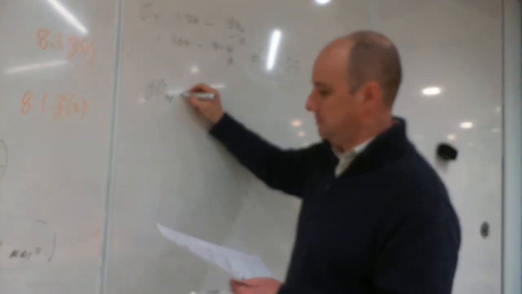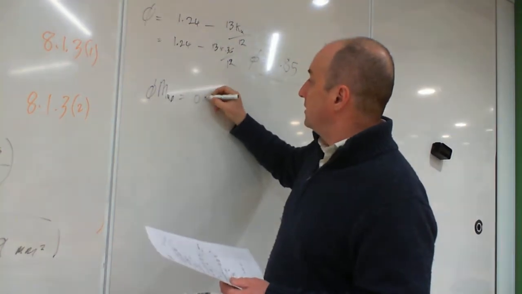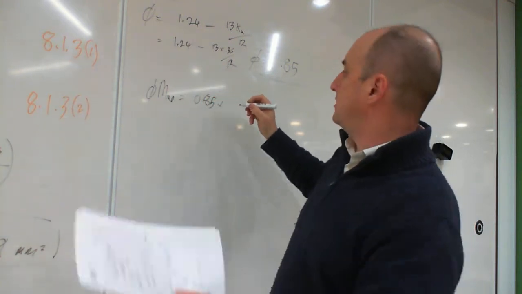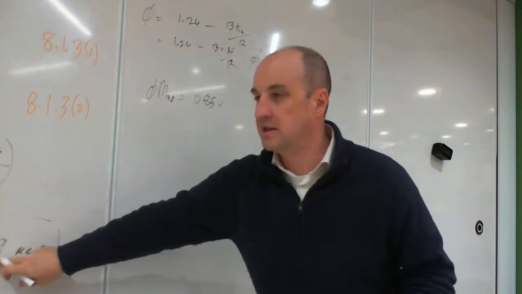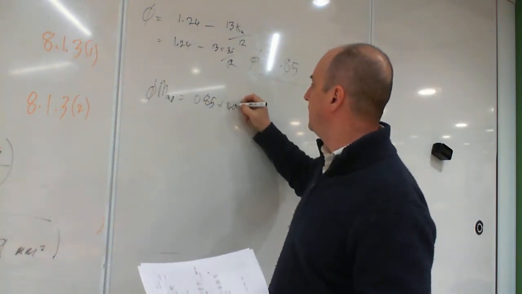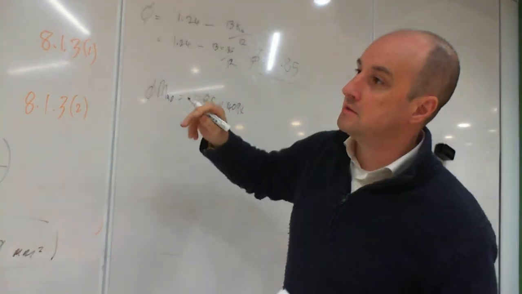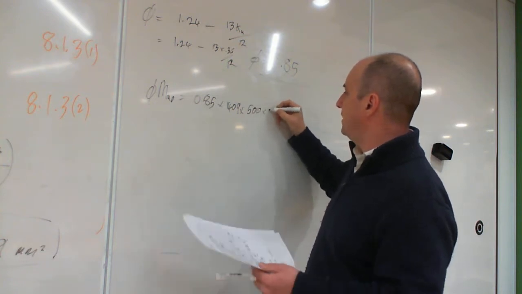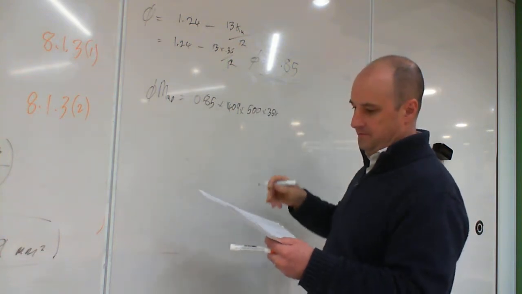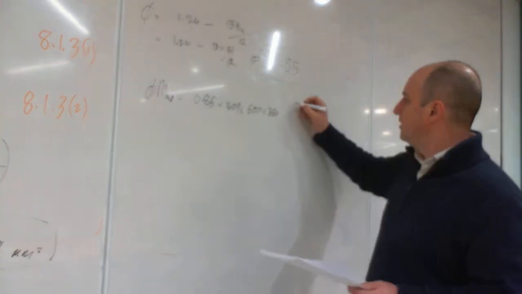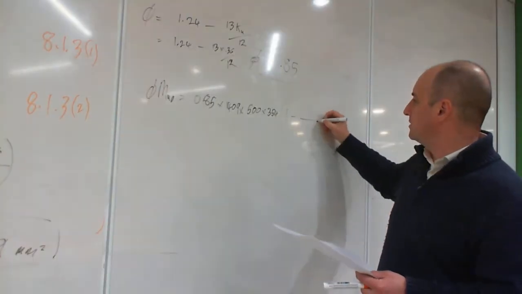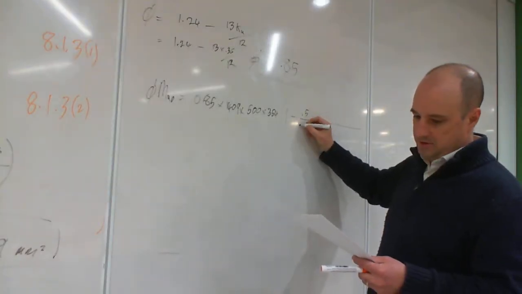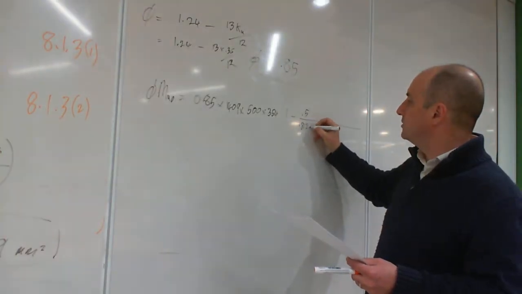So that equals 0.85 times AST, which is 1,409, times fsy, 500, times D, 354, all multiplied by 1 minus 0.5 over 0.8125.